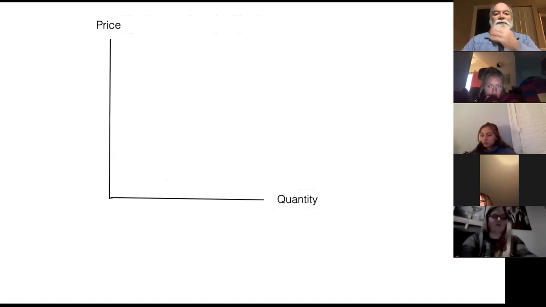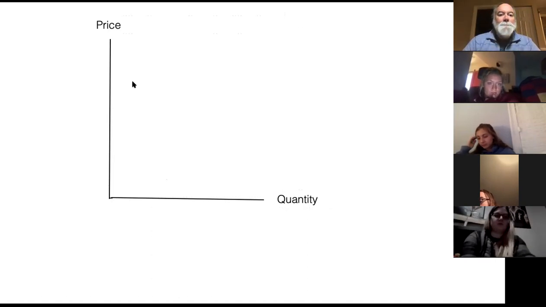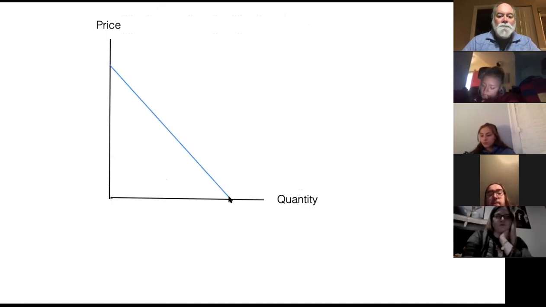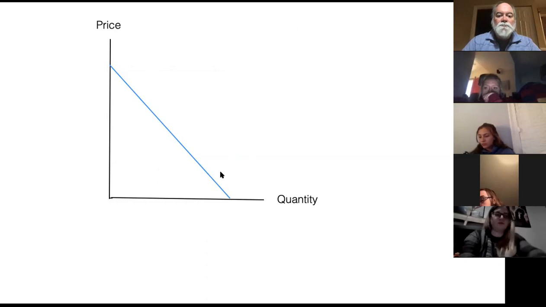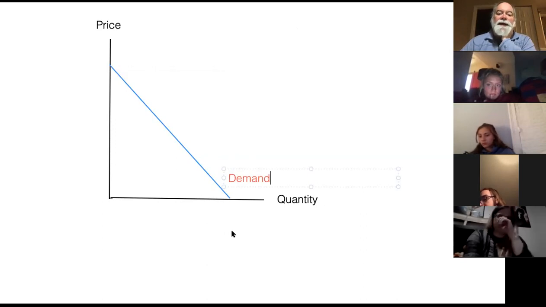Okay, now let's draw our demand curve. Okay, here's our demand curve. Let me just put a label on it. First, I need to change the color. Demand, right?